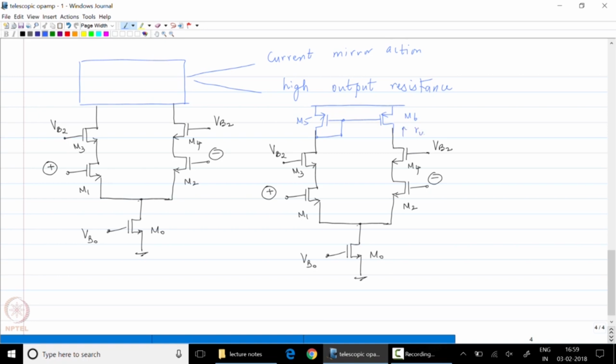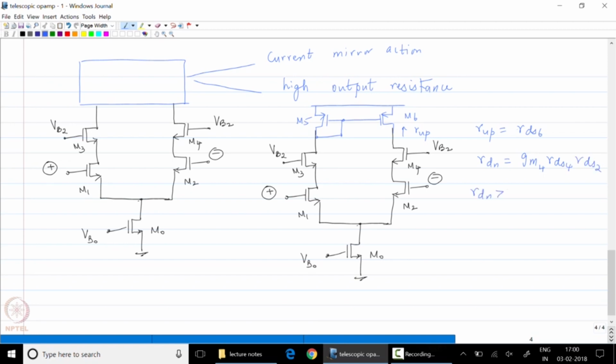The resistance looking up is RDS6, whereas the resistance looking down is GM4 RDS4 times RDS2.